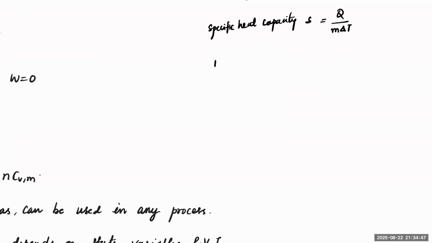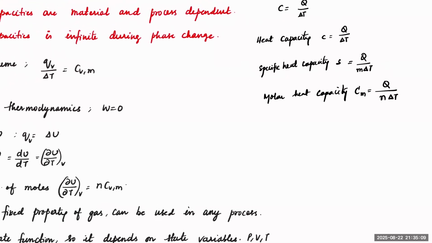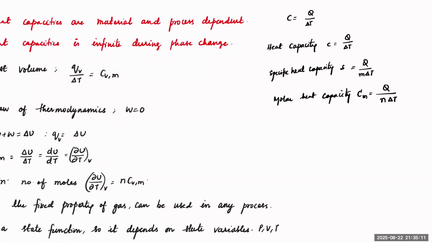Then we also have molar heat capacity. It is usually represented as Cm, which is equal to heat given by, instead of mass, now it will be number of moles into delta T. Okay. So remember, we have three types of heat capacities: only heat capacity, specific heat capacity, and molar heat capacity.